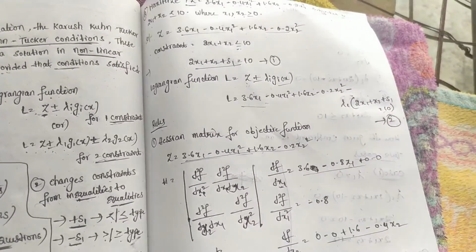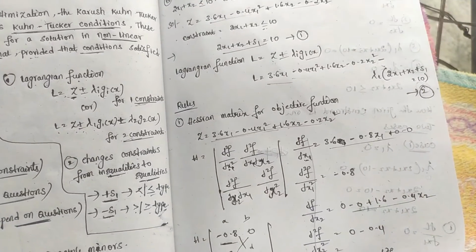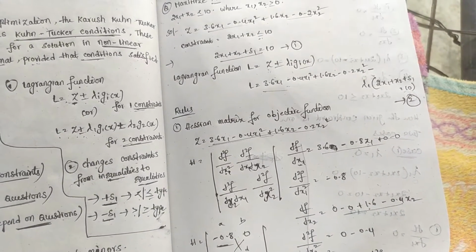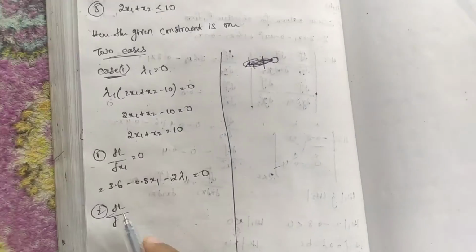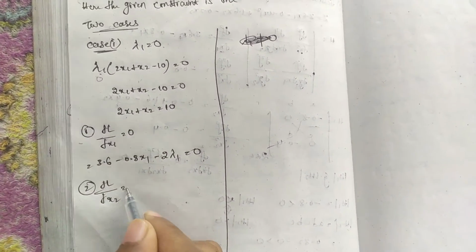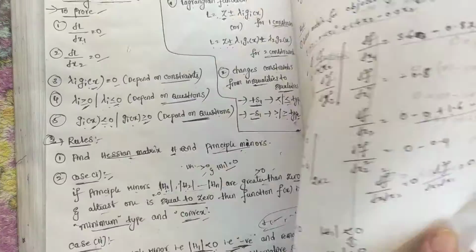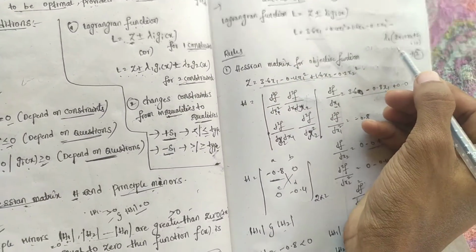We get 3.6 minus 0.8 x1 minus 2 lambda 1 equals 0. Now the second one is dou L by dou x2 equals 0. That means we differentiate this Lagrange function with x2.